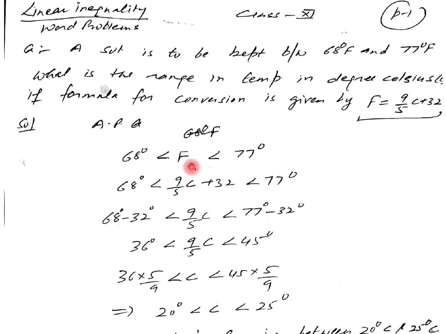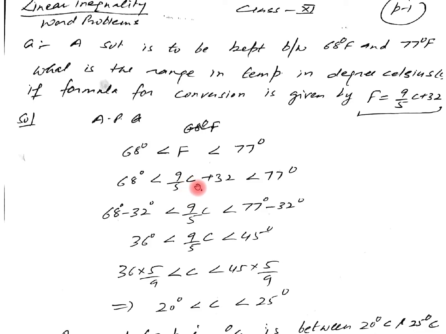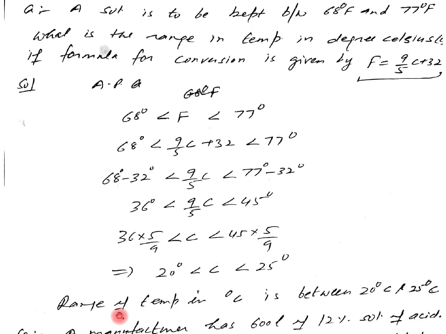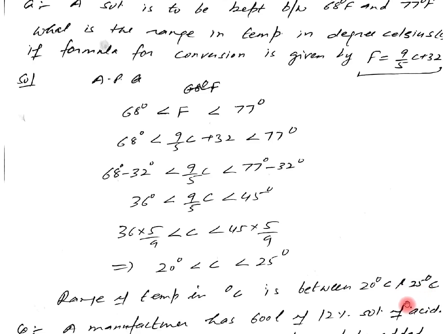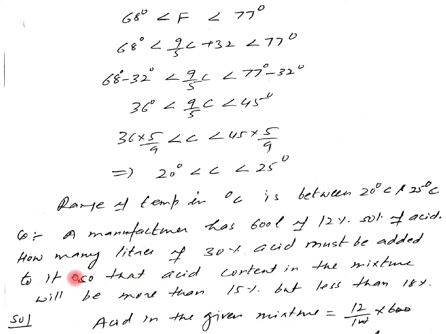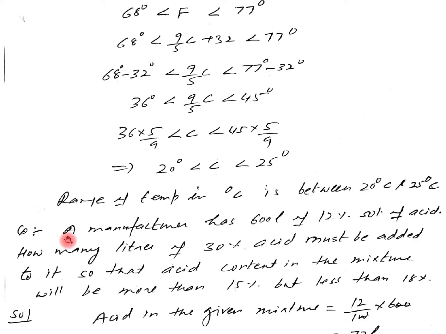Putting this value of F in the inequality and simplifying, we are getting C lies between 20 degree and 25 degree. So therefore we can say the range of the temperature in degrees Celsius is between 20 degrees Celsius and 25 degree Celsius. Now see the next question, that is one of the important questions of the miscellaneous exercise.